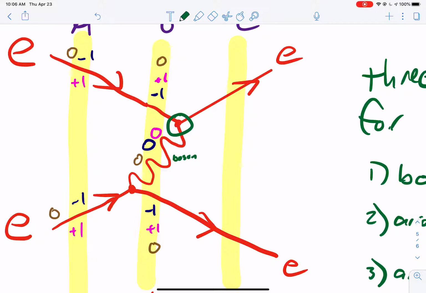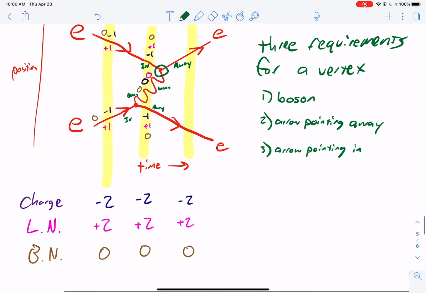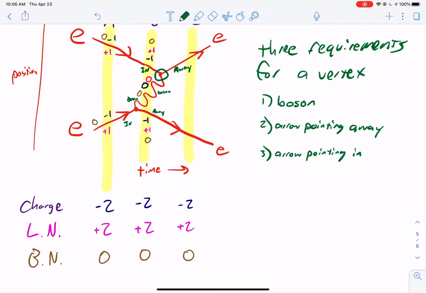We have an arrow coming in and an arrow going away. So that is a totally valid vertex. Same thing down here. Arrow coming in, arrow going away, and a boson. Totally valid vertex. As long as you're drawing your vertices correctly and you're following the conservation laws, two things which I think we can do, you have a valid Feynman diagram. This is an interaction that can occur.